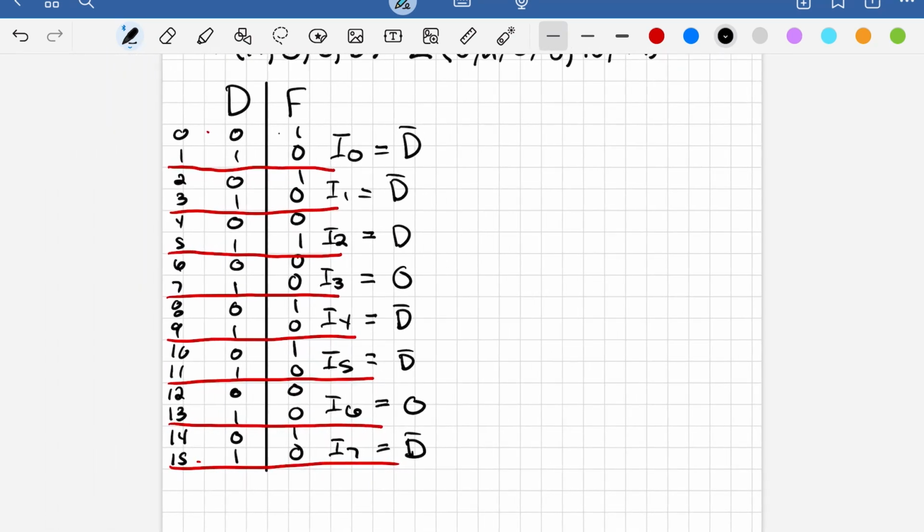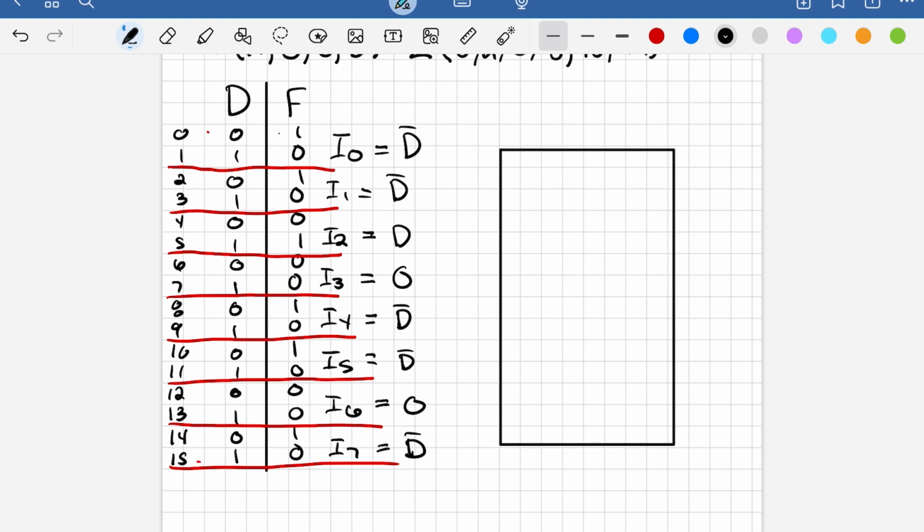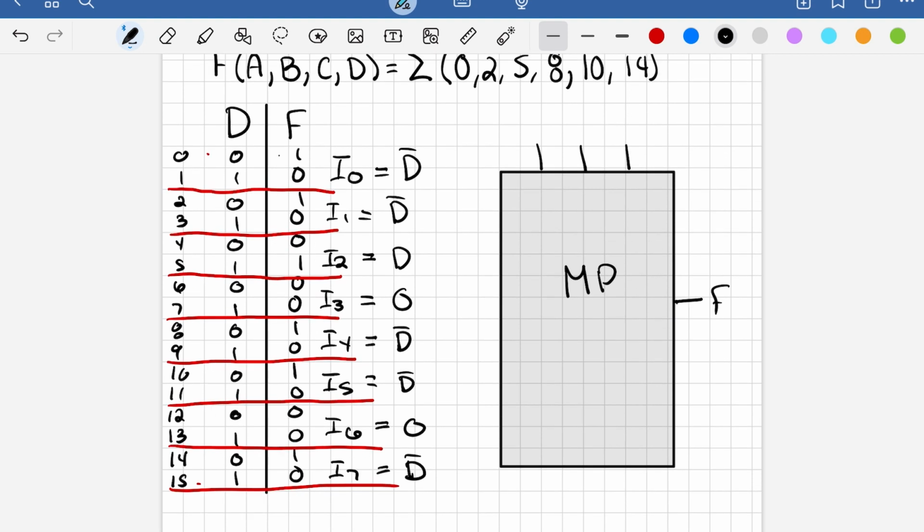So I am going to draw a quote-unquote multiplexor. My output is going to be F. I'm just going to call this MP for multiplexor. I am then going to have my inputs.